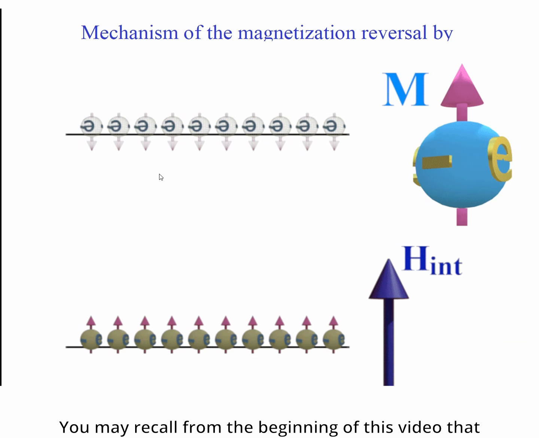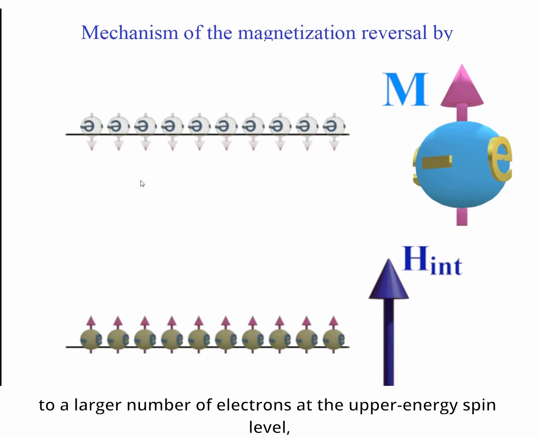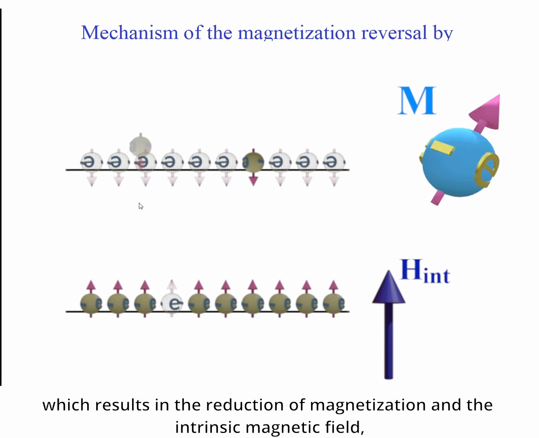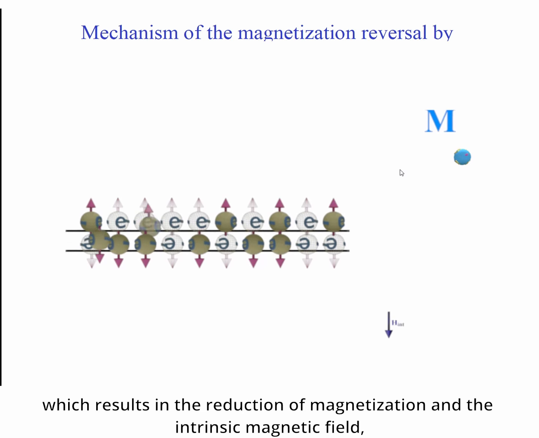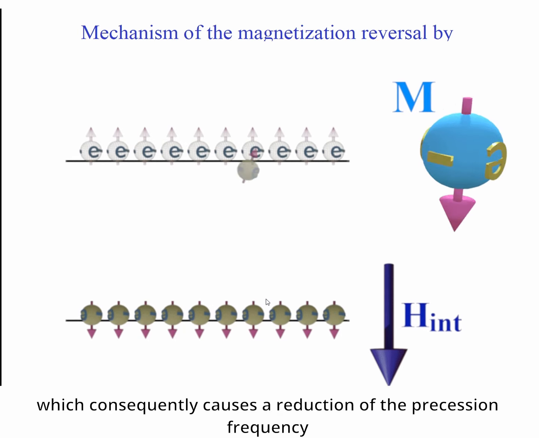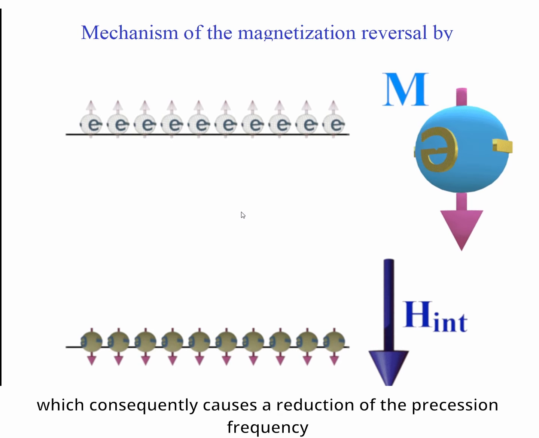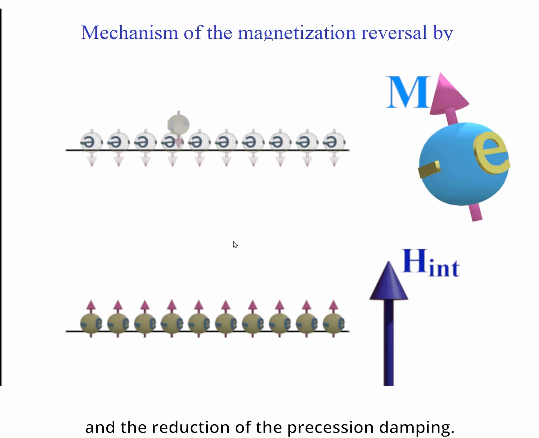You may recall from the beginning of this video that a larger precession angle corresponds to a larger number of electrons at the upper energy spin level, which results in a reduction of magnetization and the intrinsic magnetic field, which consequently causes a reduction of the precession frequency and the reduction of the precession damping.